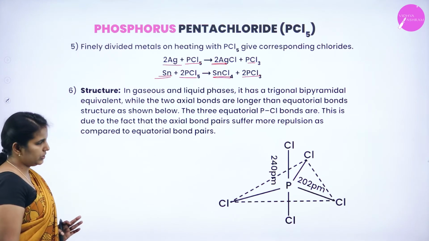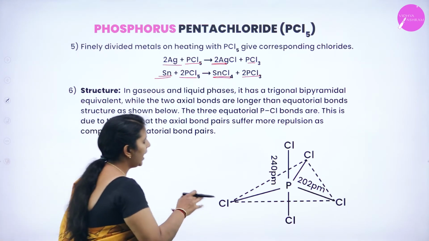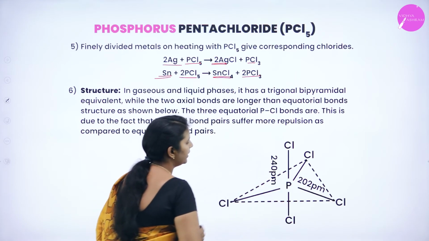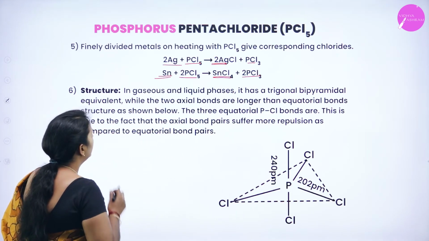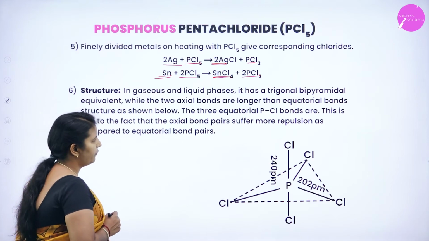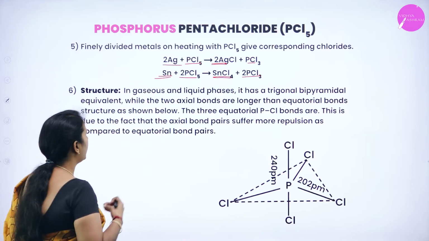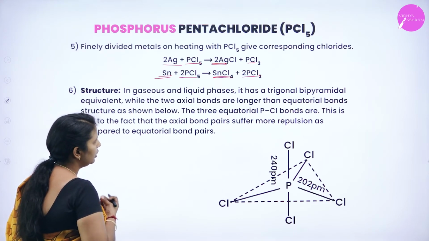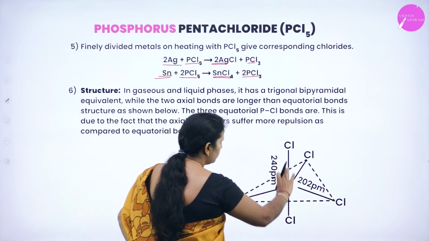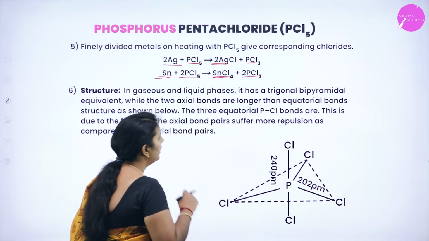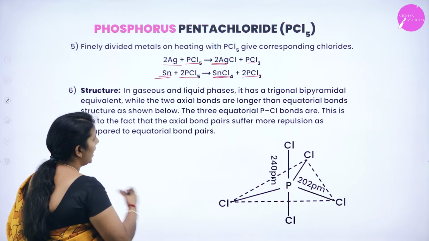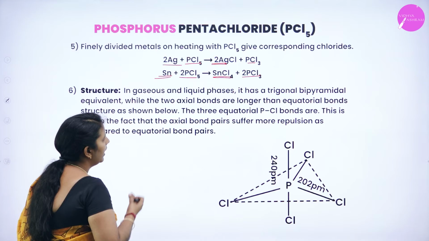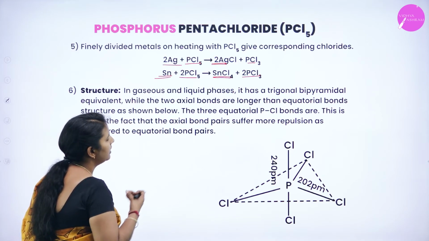Coming to their structure, you can see that it has a trigonal bipyramidal structure in the gaseous and liquid phase, where two axial bonds are longer than the equatorial bonds, as shown here below, and three equatorial P-Cl bonds will be there.